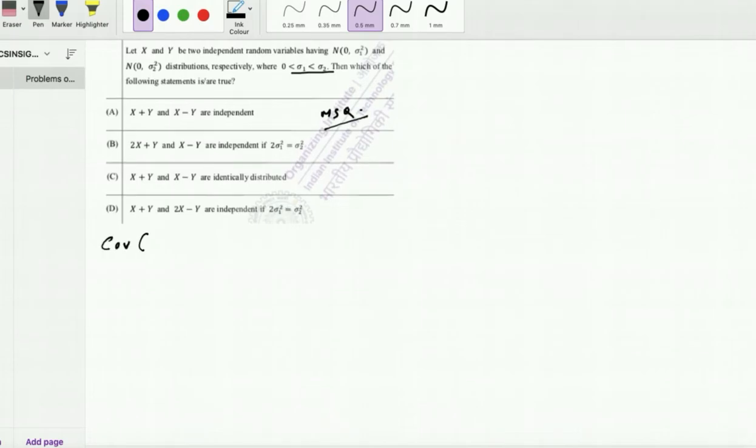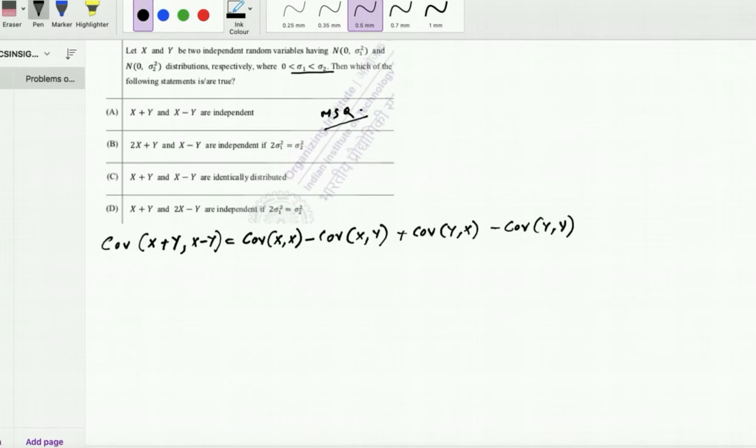For checking the independence, we use covariance. This is equal to covariance of X and X minus covariance of XY plus covariance of YX minus covariance of Y and Y. What is the covariance between X and X? It is the variance of X minus covariance of XY plus covariance.